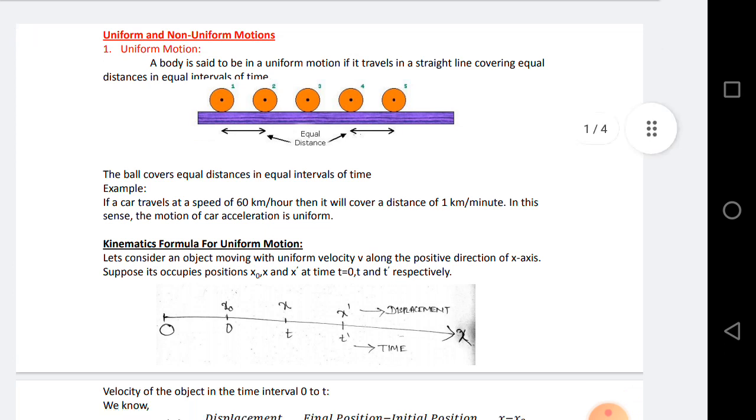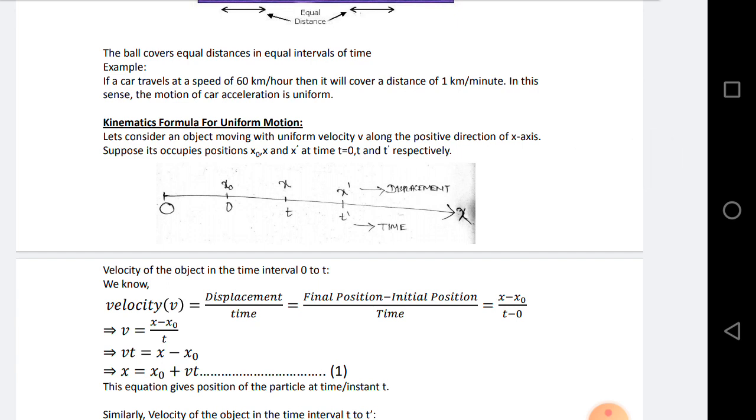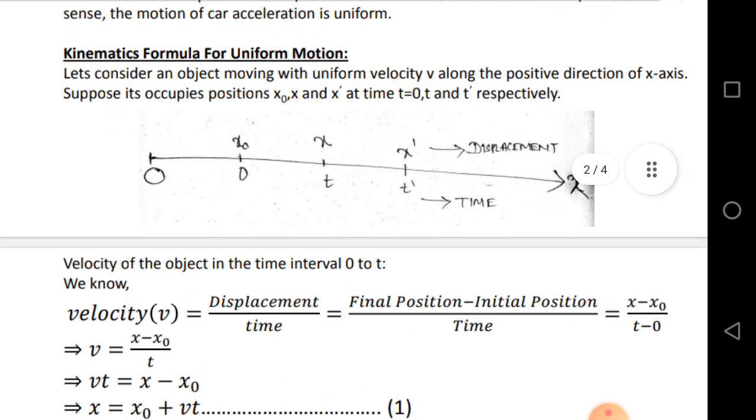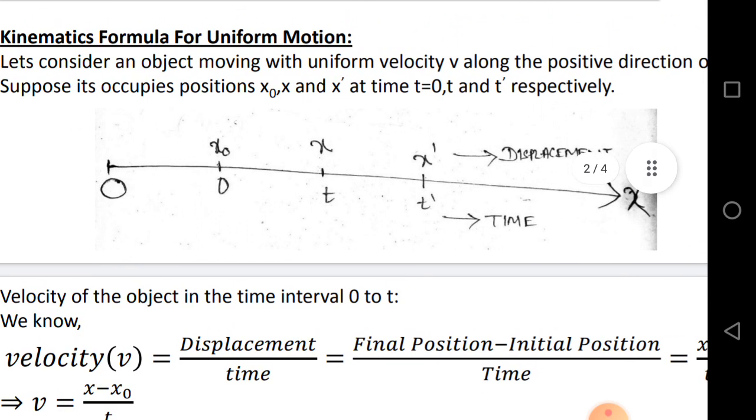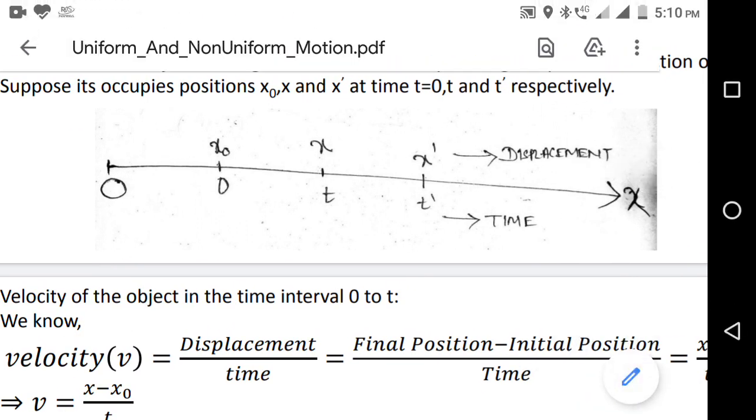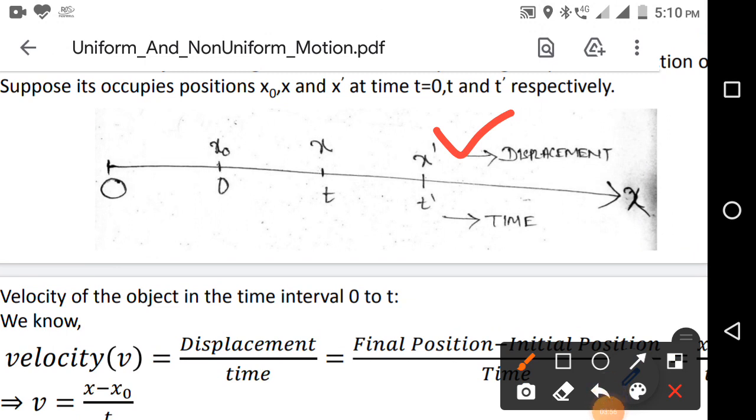Then the kinematics formula for uniform motion. Let's consider an object moving with uniform velocity v along the positive direction of the x-axis. Suppose it occupies positions x0, x and x dash at times t equal to 0, t and t dash respectively. See, x0 is the initial point at time 0, x is the position after time t, and x dash is the position after time t dash.